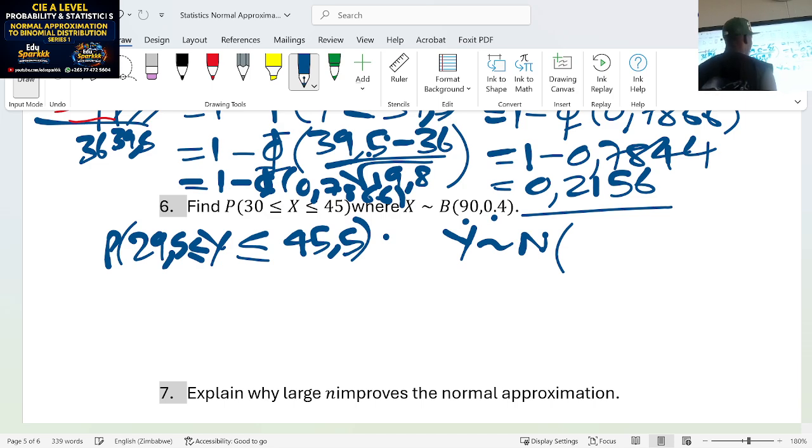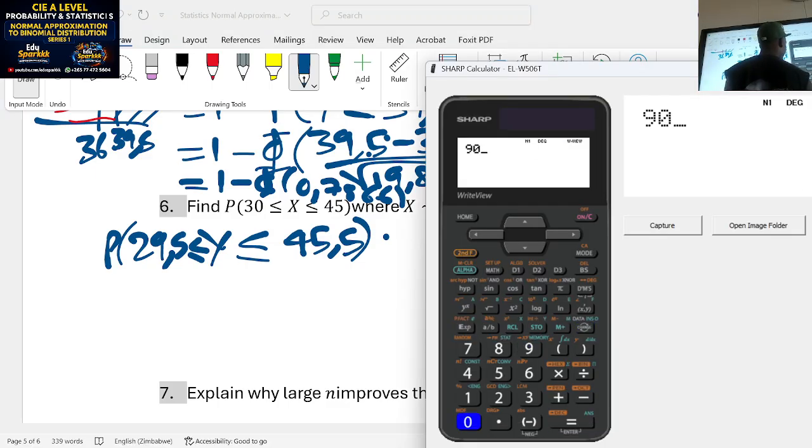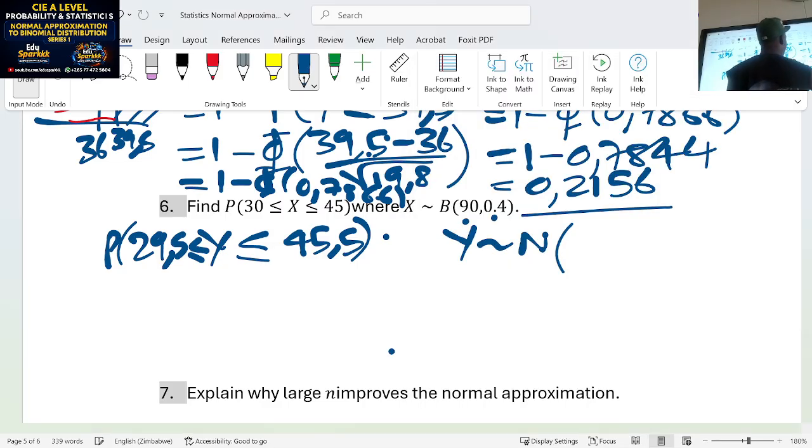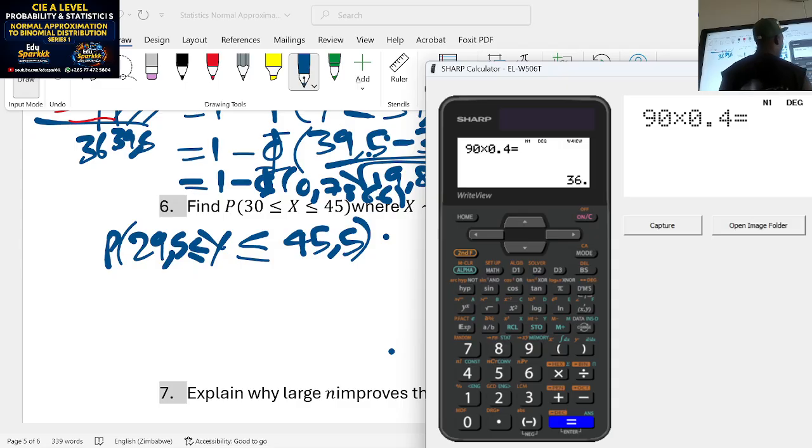When I find this product, which is 90 and 0.4, this is going to give me 90 multiplied by 0.4, that's 36. So I'll come here, say I have 36, and my variance of, let's check, 0.4, I'll then multiply by 0.6, and it gives me 21.6 there.